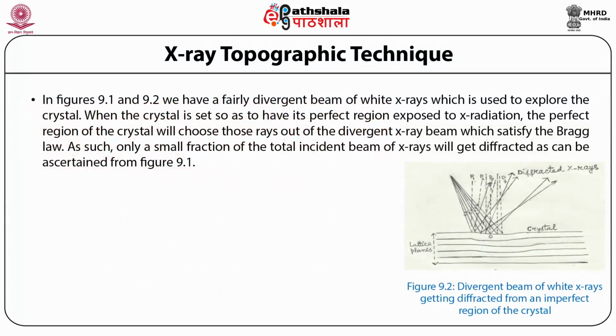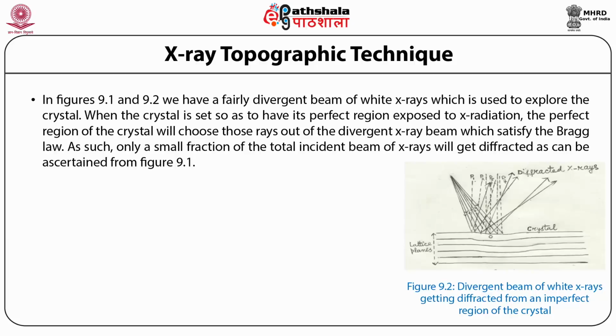In figures 9.1 and 9.2, we have a fairly divergent beam of white X-rays which is used to explore the crystal. When the crystal is set so as to have its perfect region exposed to X radiation, the perfect region of the crystal will choose those rays out of the divergent X-ray beam which satisfy the Bragg law.